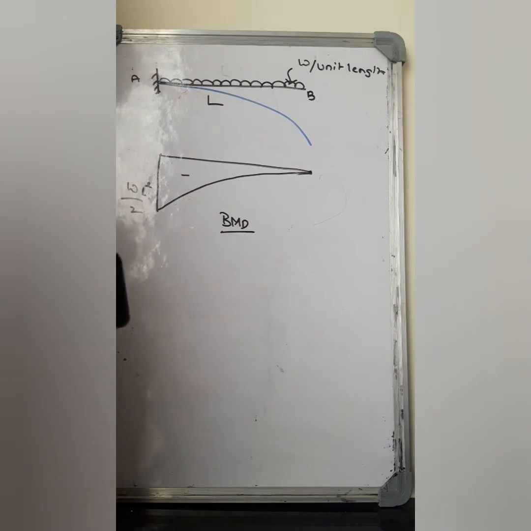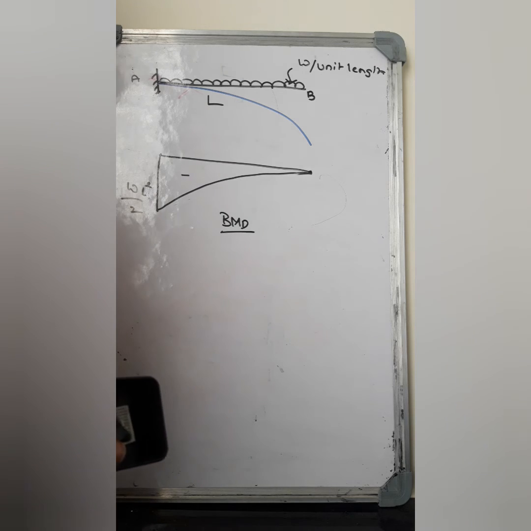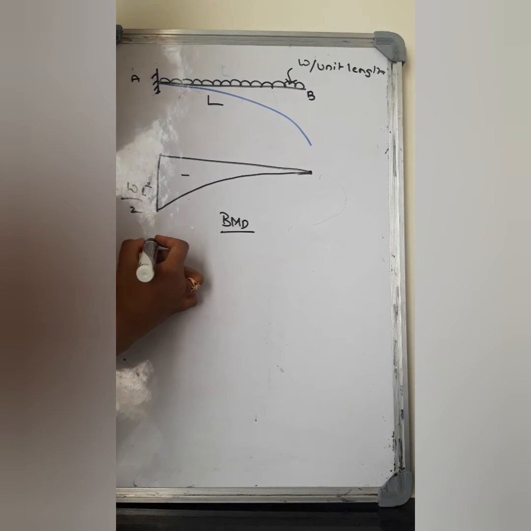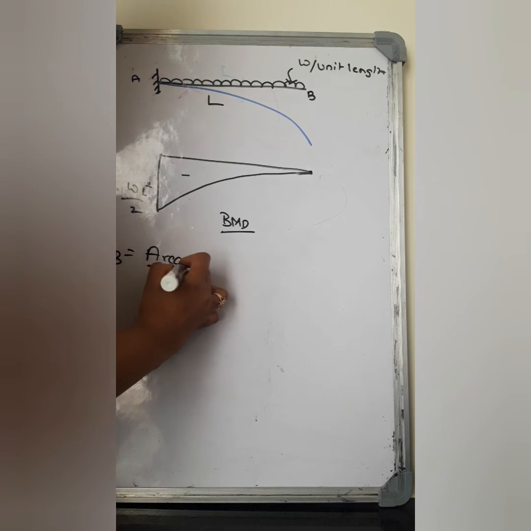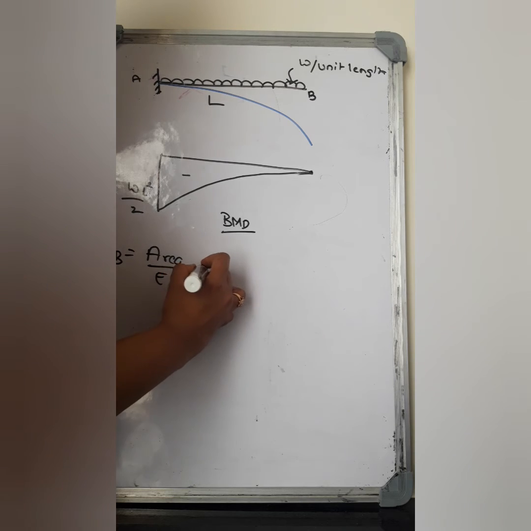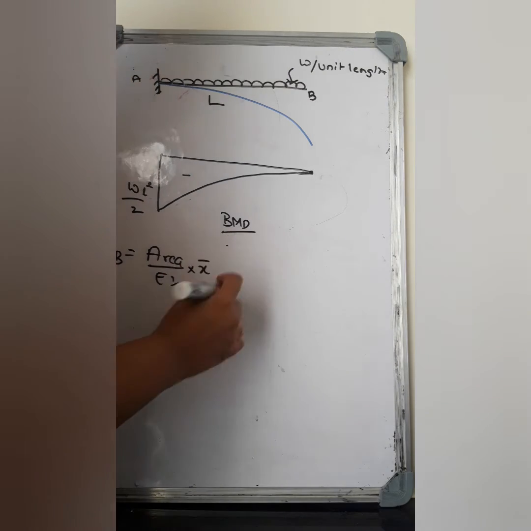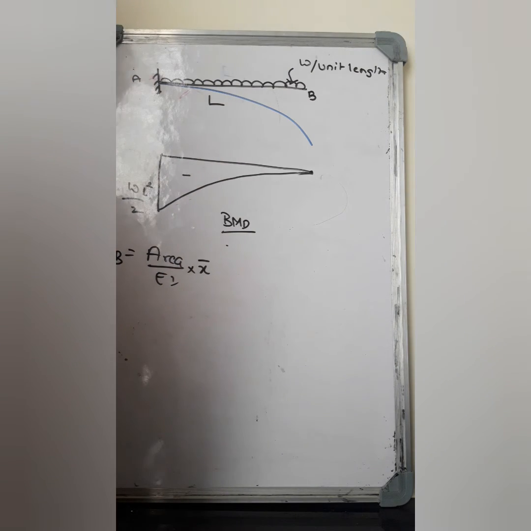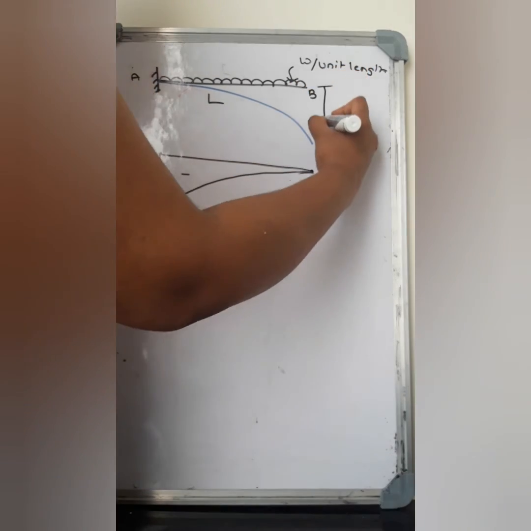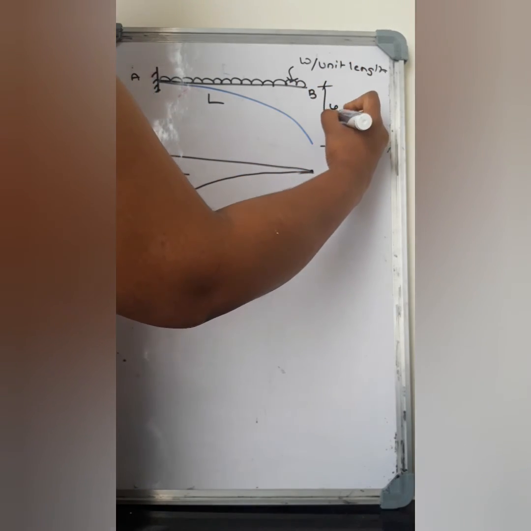Now, if you want to calculate the deflection at B, I am going to calculate YB is equal to area divided by EI into x bar. Here, basically it is YBA.